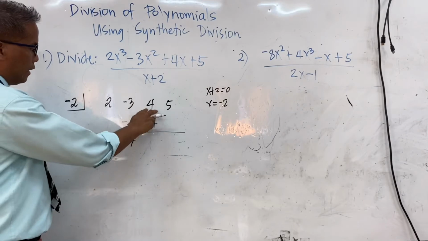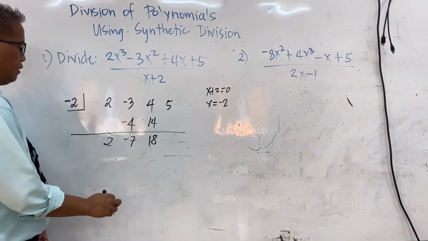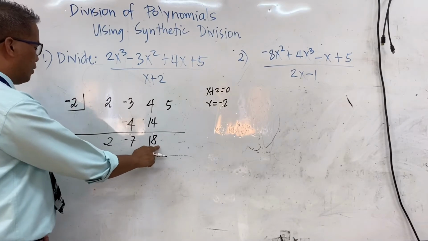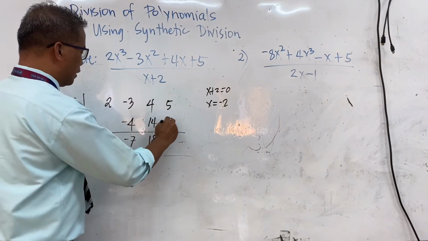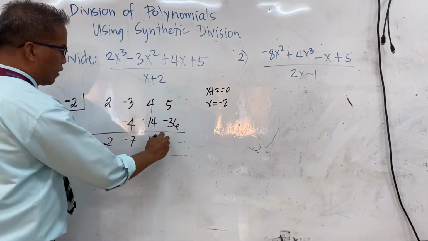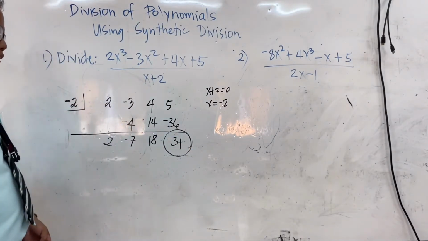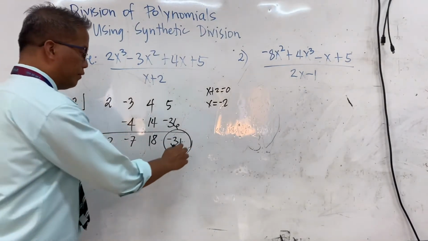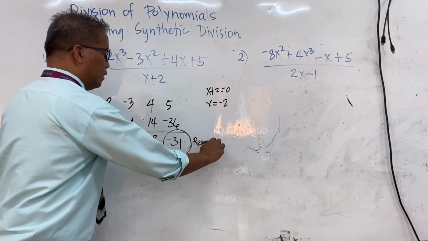Then add, the answer is 18. Then 18 times -2 equals -36. After that, add, equals -31. The last entry is your remainder. So this is now the remainder.